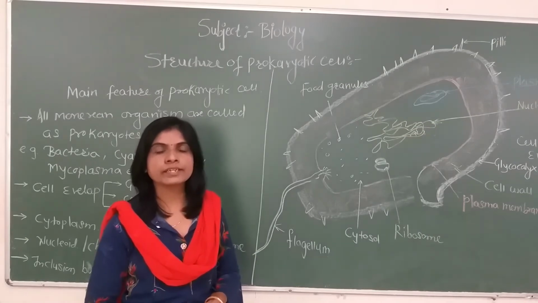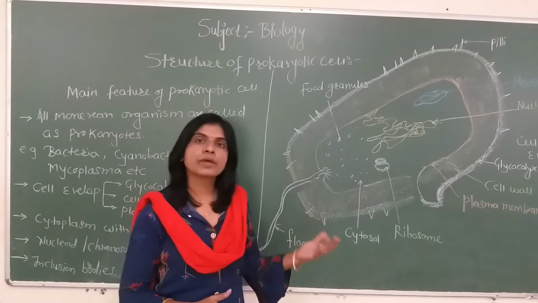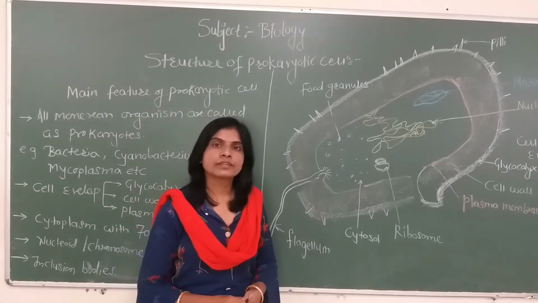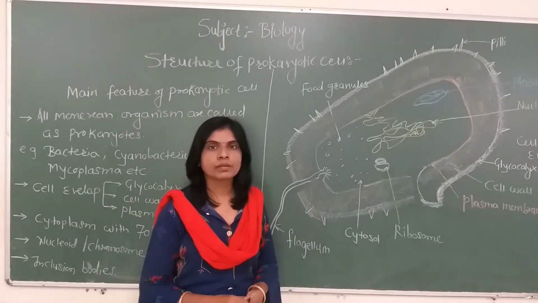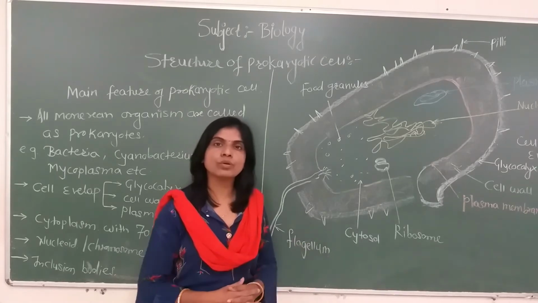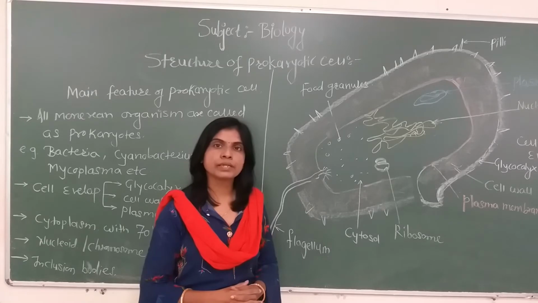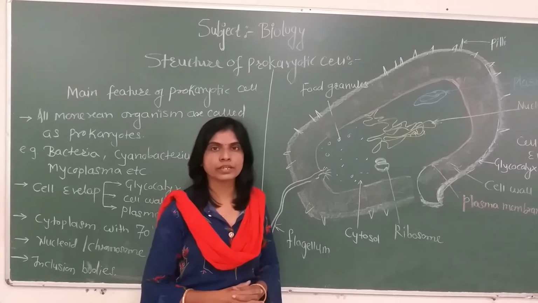When these bacteria are treated with alcohol, they get decolorized. But some of them never get decolorized. They remain colorful, stained by this Gram stain. Such bacteria are called Gram-positive bacteria.